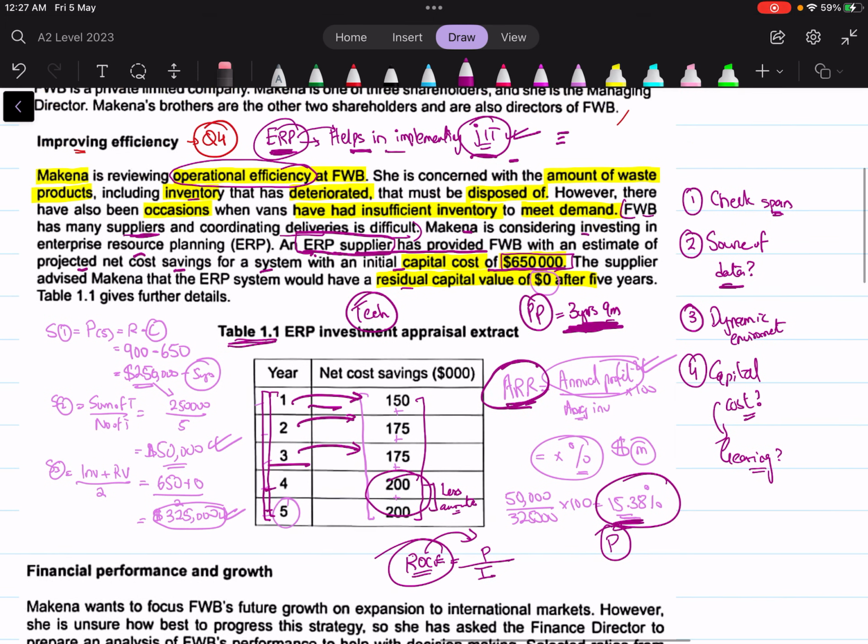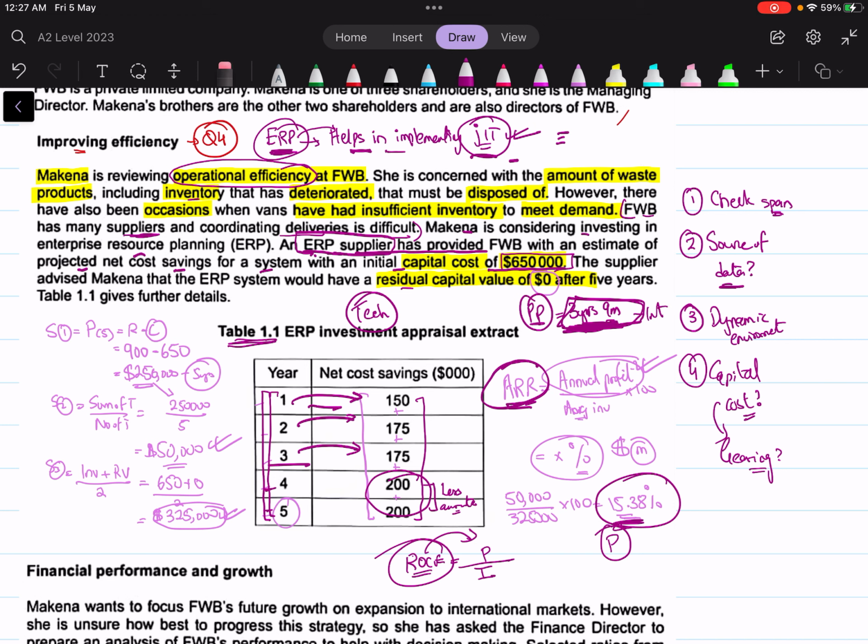And if you talk about payback period, now there's always something that I would advise you to talk about. If you talk about payback period, this means that your investment would be recovered in 3 years and 9 months, right? So if your investment will be recovered in 3 years and 9 months, this means that if you take out a loan, you will only pay interest till 3 years and 9 months.